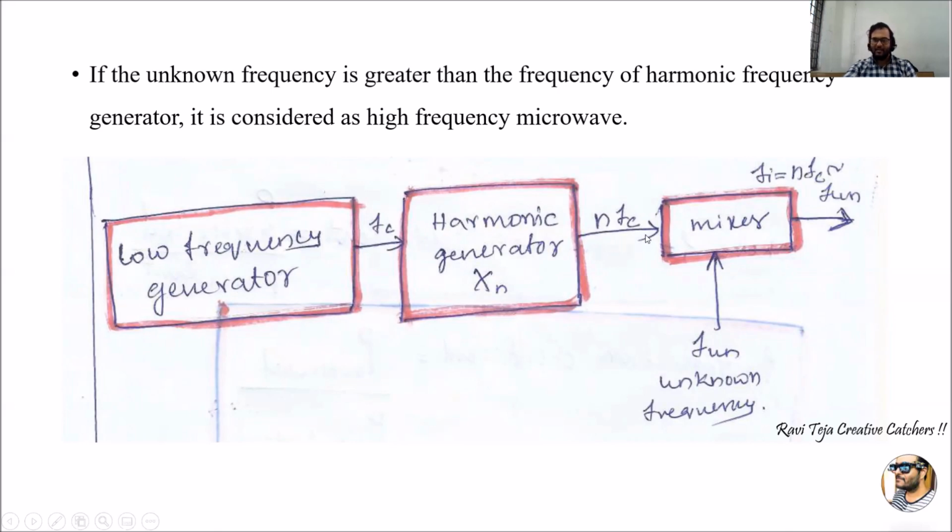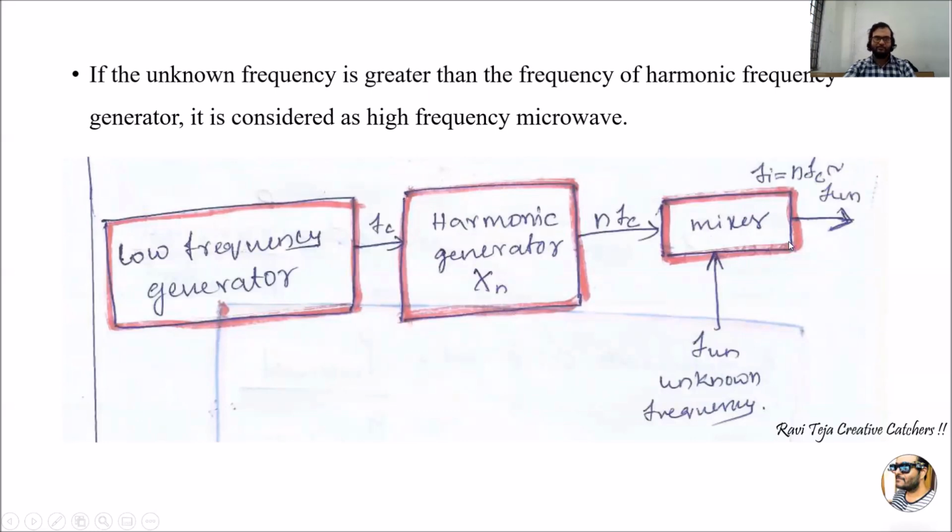This N into FC will be compared with the unknown frequency, which is considered as F of UN. The harmonic frequency generator and low frequency generator output N into FC is compared with the unknown frequency F of UN through a mixer.